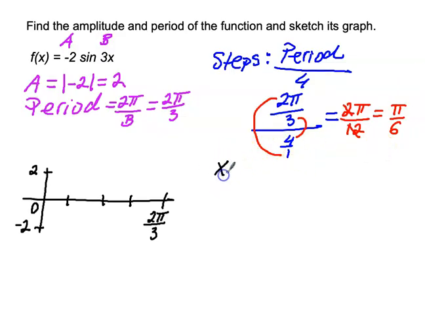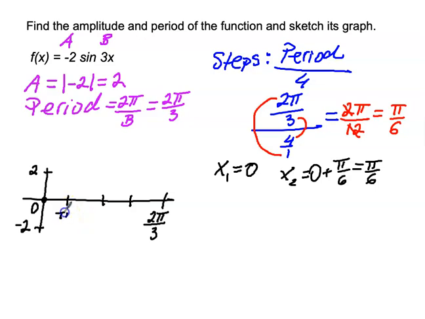The x1, the very first point where we start, is going to be 0 because it's a sine function. So we're going to start at x1 equals 0. Then we have x2 equals, we're going to add to 0 pi over 6. Now each time we're going to add this number. So we have 0 plus pi over 6, which is pi over 6.